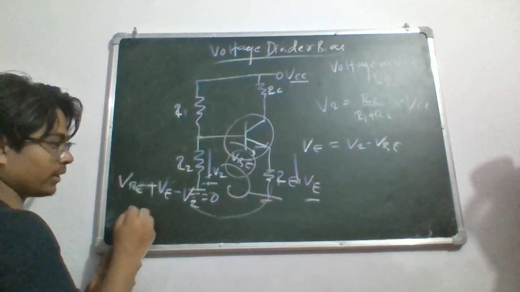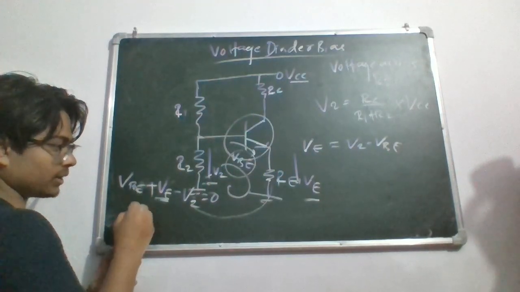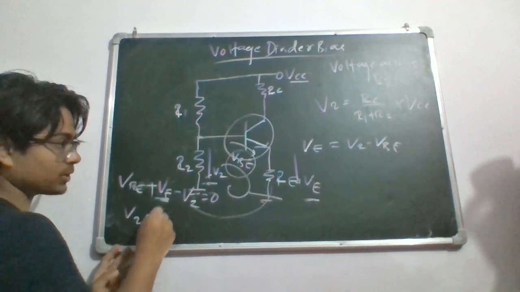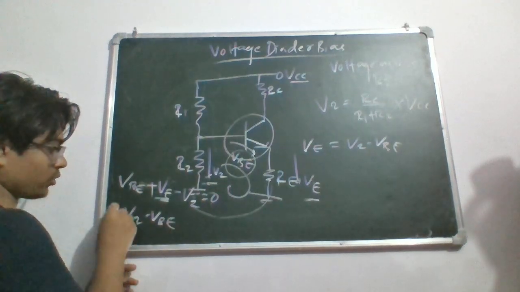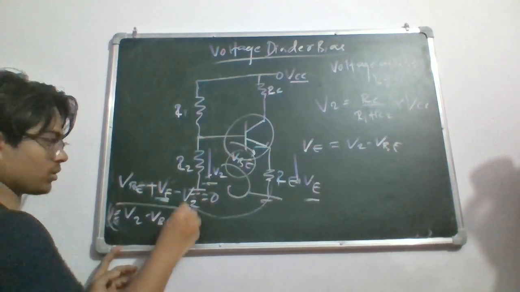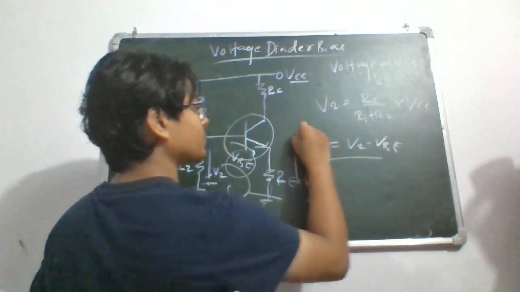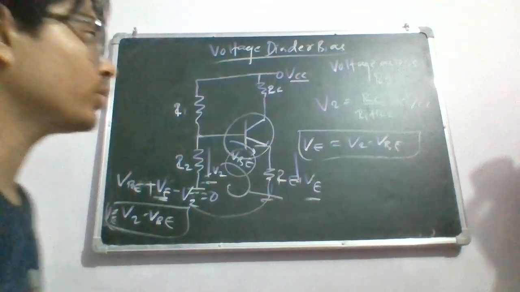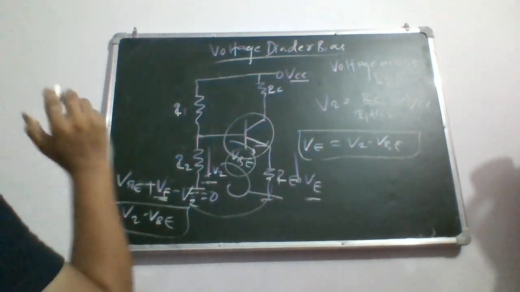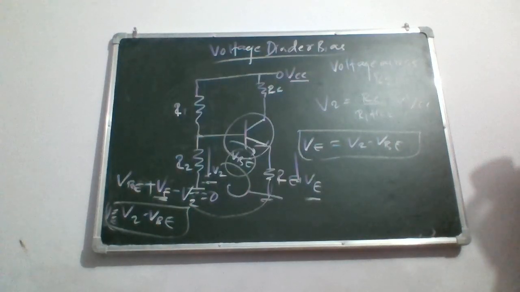So if I want to find this, then it will be V2 minus VBE equals VE. So this is what we get, which is the same as this. This is the expression of the voltage across the emitter terminal in this kind of particular biasing.